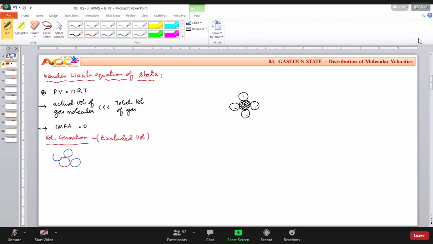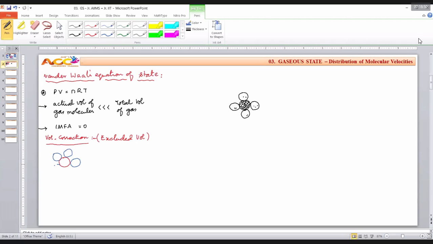A pair of molecules, a pair of molecules, and a pair of molecules. If it is so, the third fellow can come up to this point. It will come up to here. Now this distance is known as this much volume. The black sphere must be excluded.